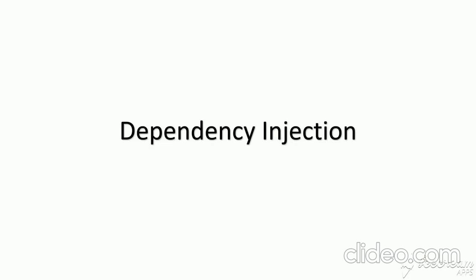So there are two types of dependency injection. One is manual dependency injection, one is automatic dependency injection. So there is a Dagger library which is used in Android development which provides an automatic dependency injection.